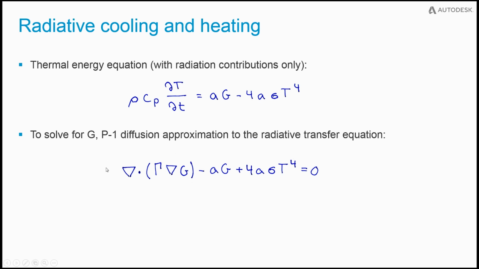And the diffusion approximation looks like this. It's essentially just a partial differential equation for G. What complicates this is that this gamma here can become very large. The problem is that it's inversely proportional to the absorption coefficient. So in areas where A is very small, that is, in areas that are almost transparent, gamma becomes very big.